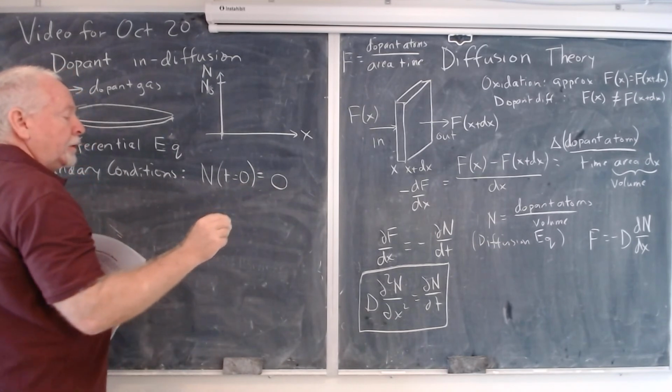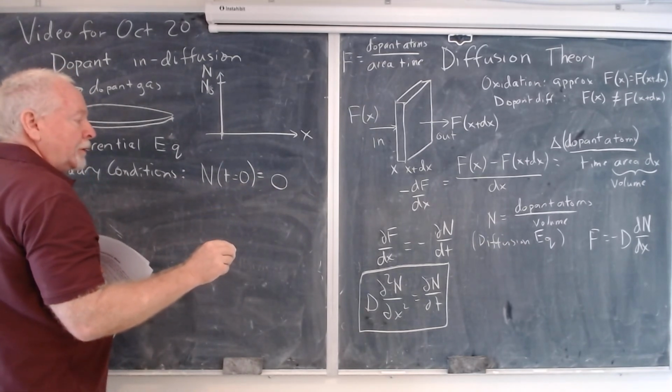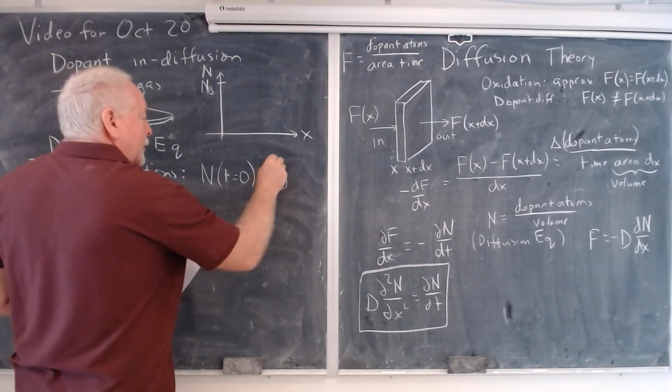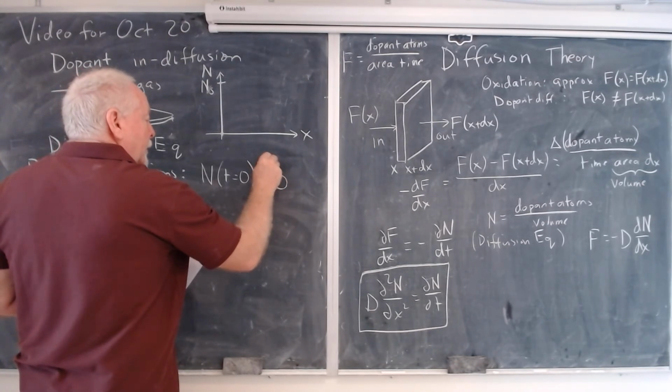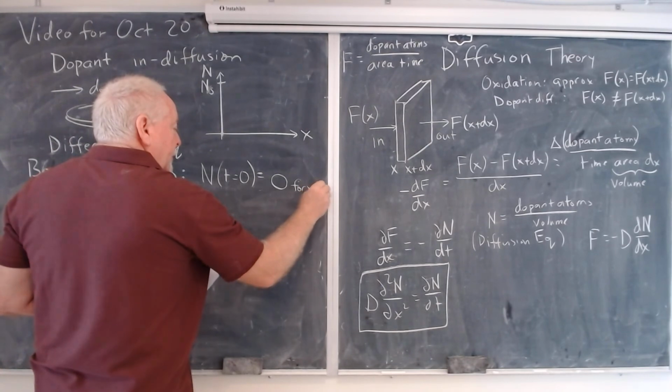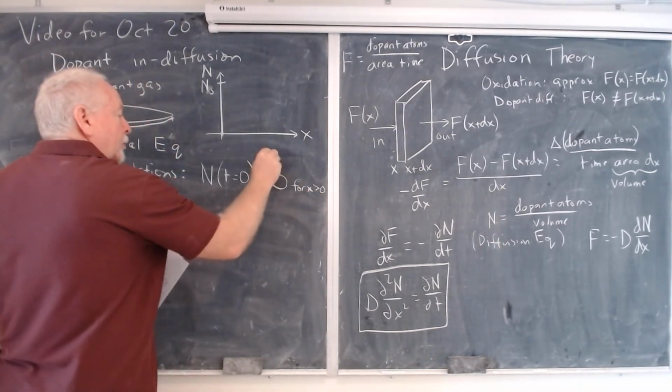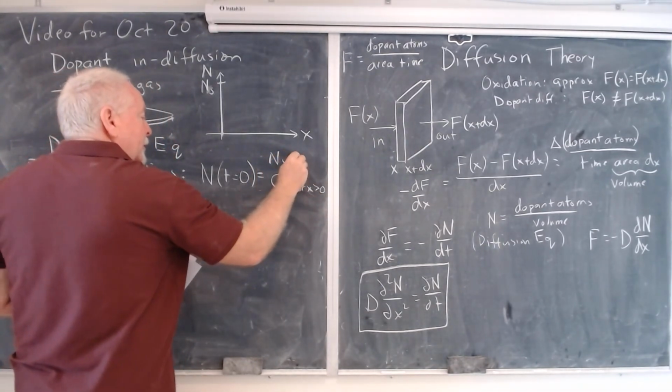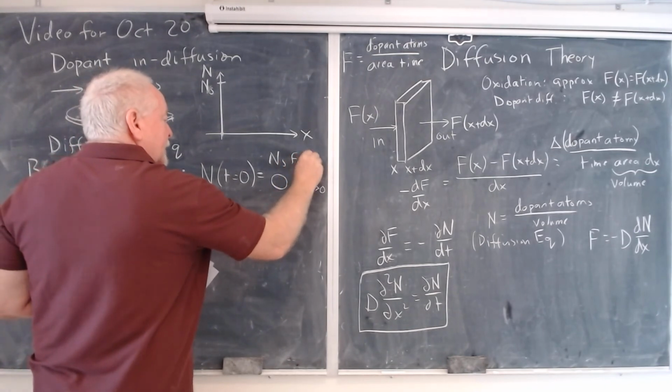All right. But except that, this is 0 for x greater than 0, but it's N sub S for x equal to 0.